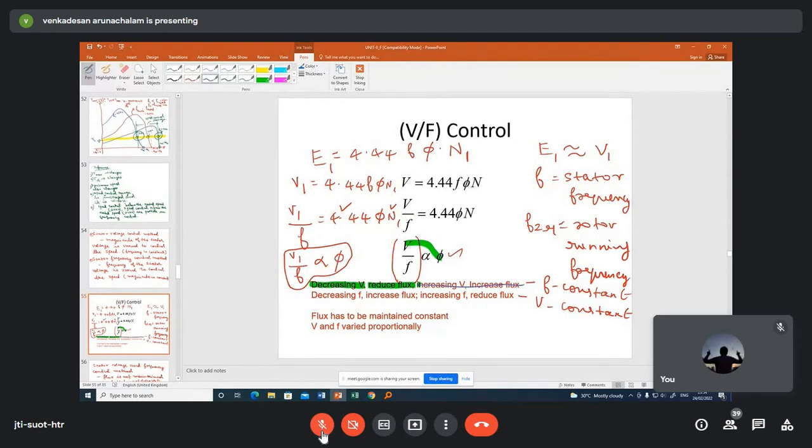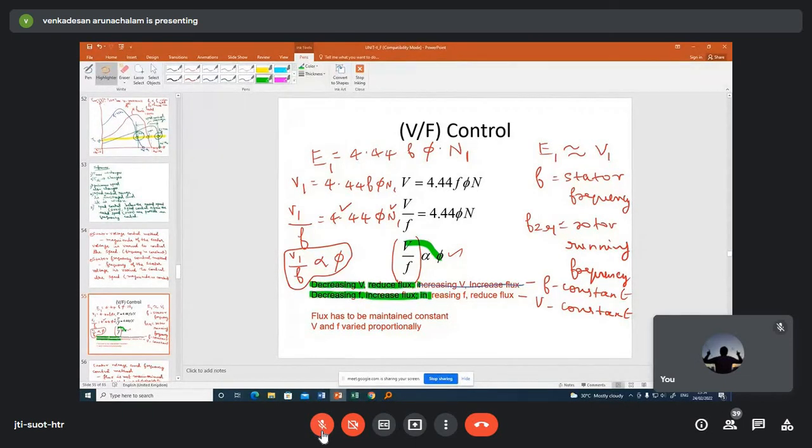Now, in frequency control, if you keep voltage constant and vary the frequency, for example decreasing the frequency, flux will increase.